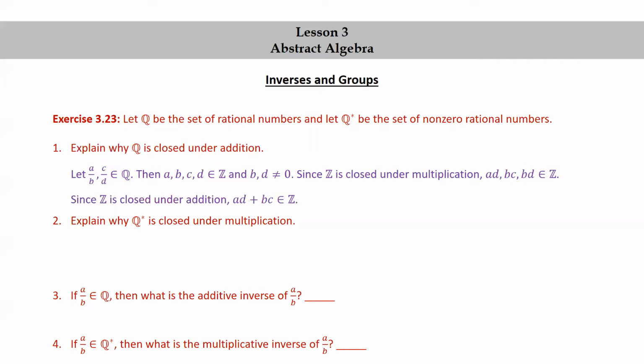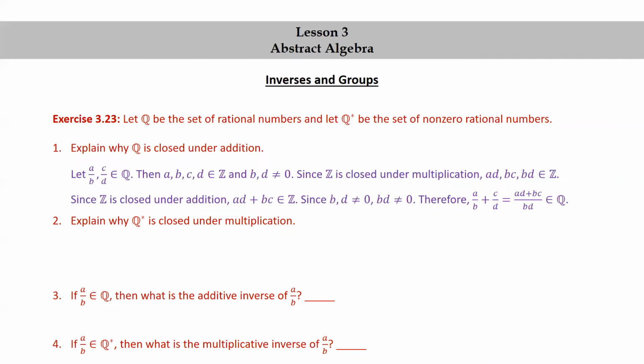Since the set of integers is closed under addition, AD plus BC is an integer. Since B and D are non-zero, B times D is non-zero. Therefore, A over B plus C over D is equal to AD plus BC over BD, which is a rational number.